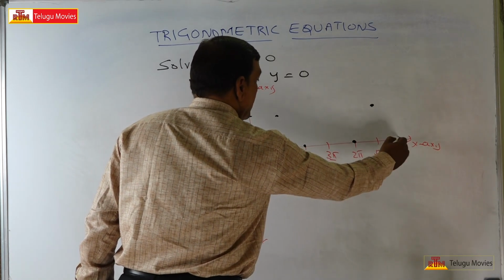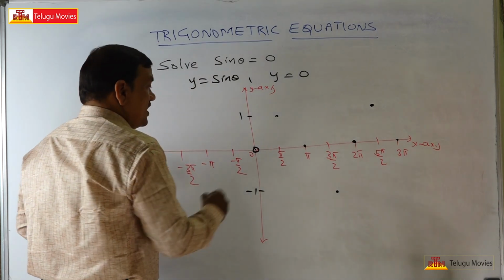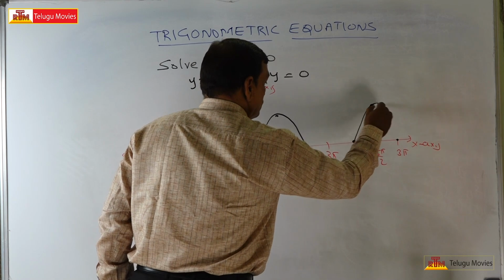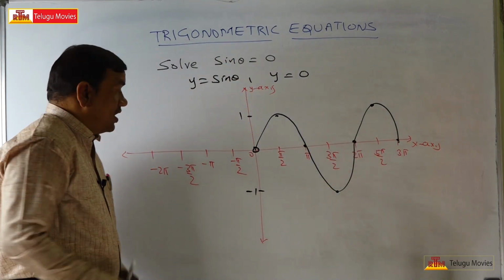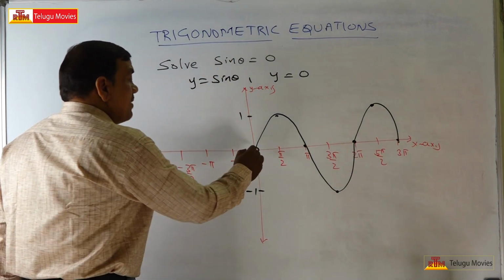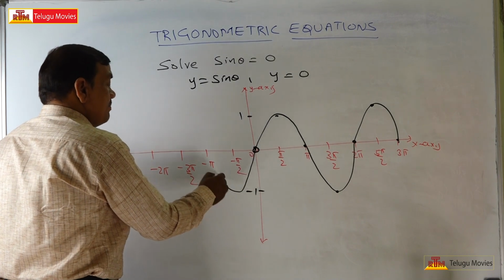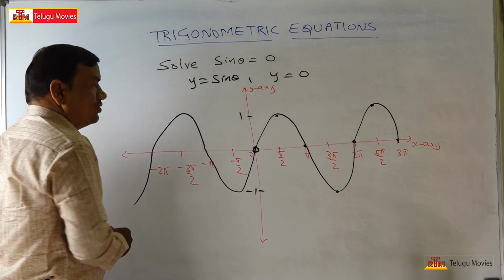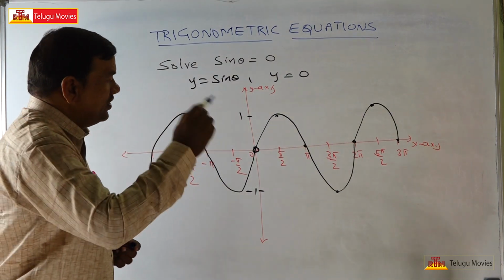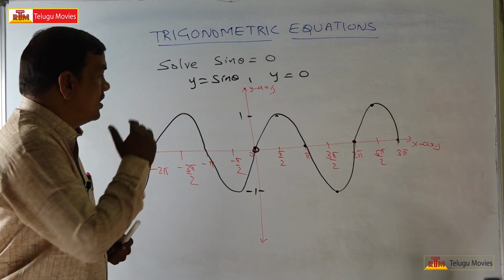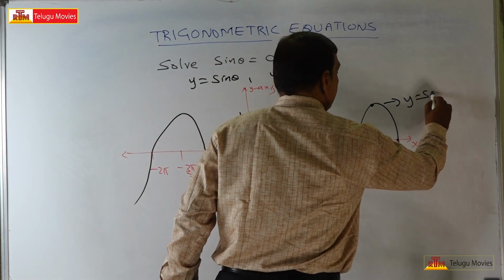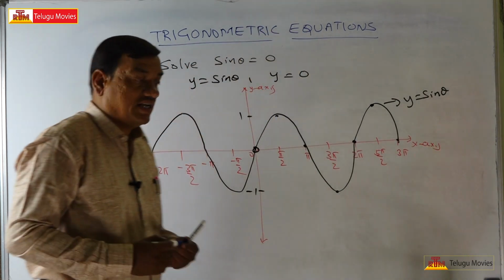So the graph of sin theta is this. Coming to the negative direction, sin of minus pi by 2 is minus 1, sin of minus pi is 0, sin of minus 3 pi by 2 is 1, again sin of minus 2 pi is 0. So it goes on in the infinite direction. This is the graph of y is equal to sin theta.